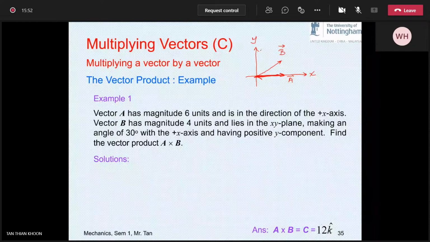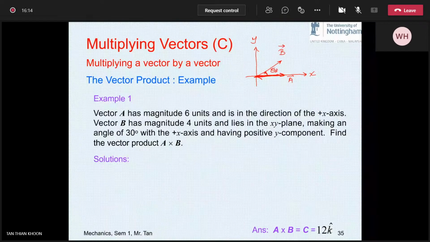So therefore, we have already obtained the angle between vector A and vector B, because it is already told to us that vector B is making 30 degrees with the x-axis.